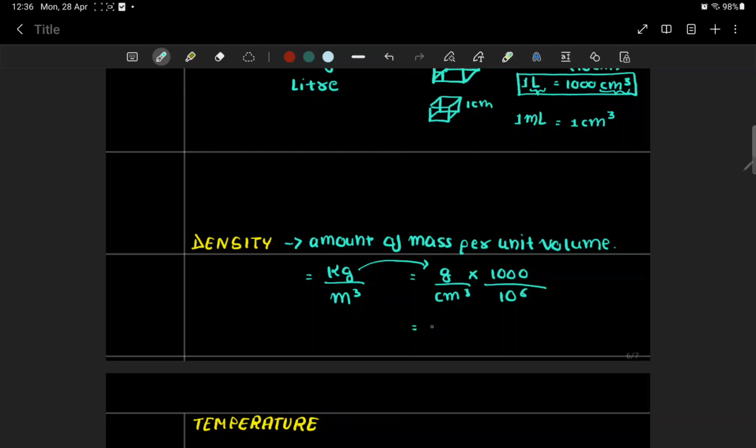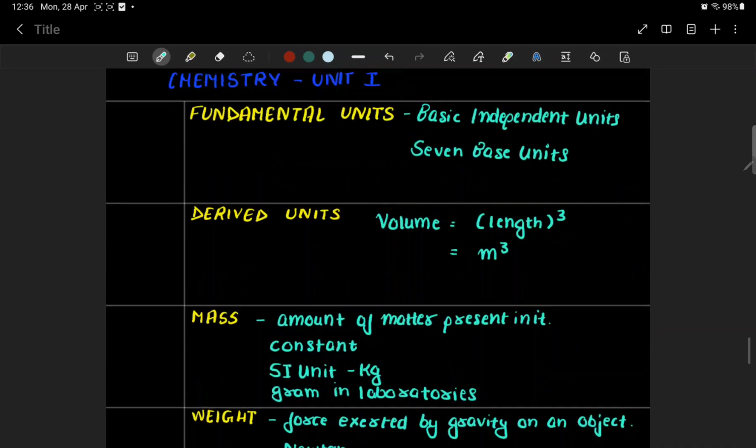So there will be 0.001 gram per centimeter cube. Right.